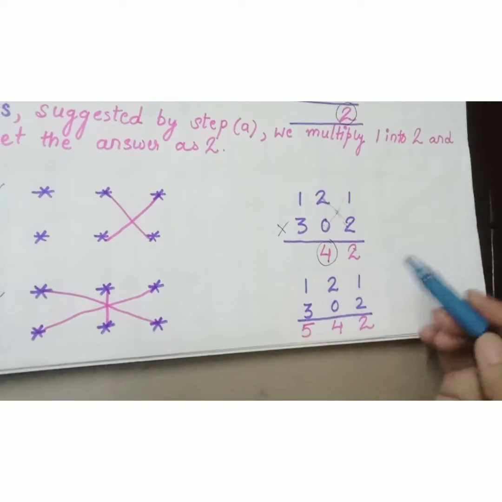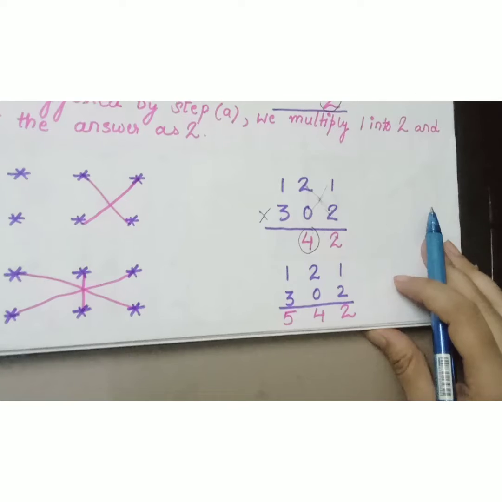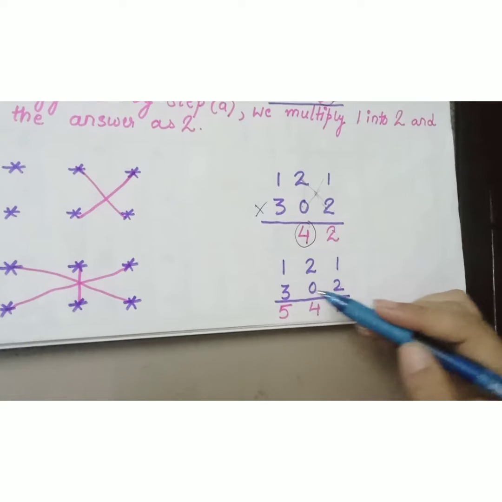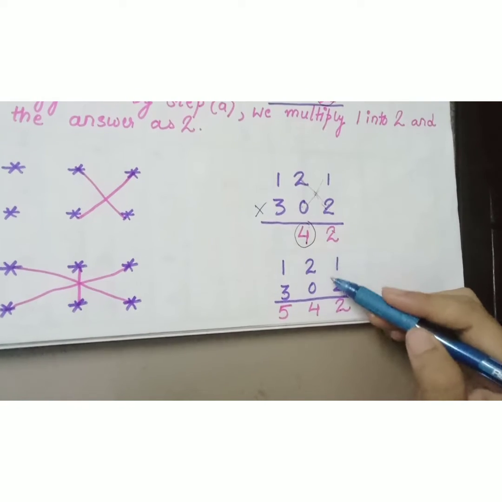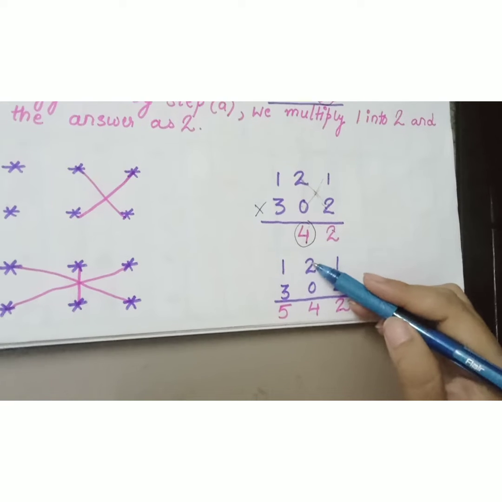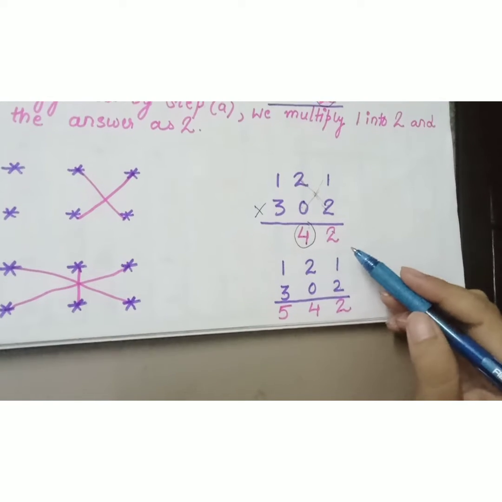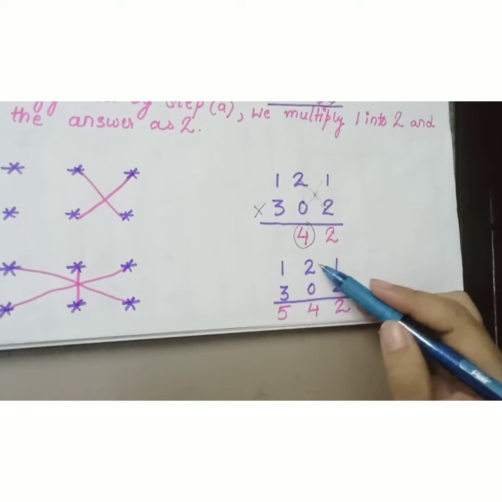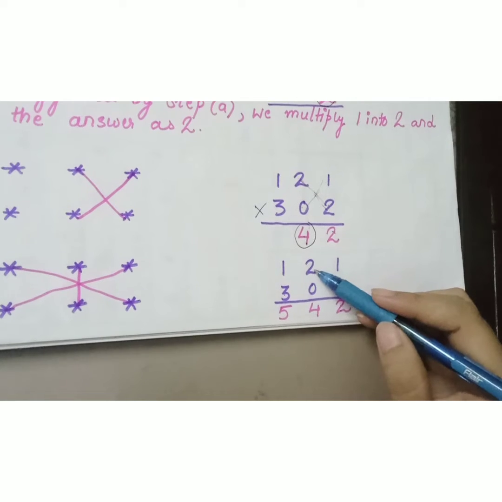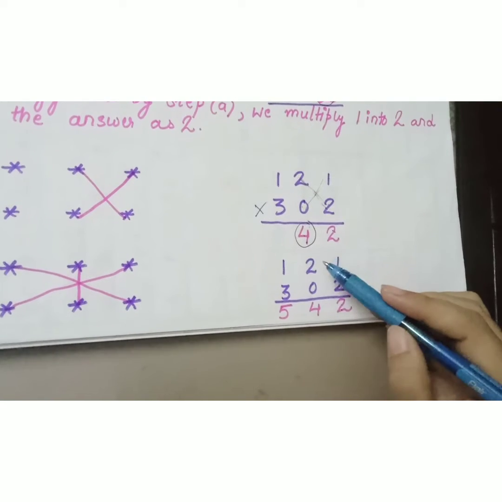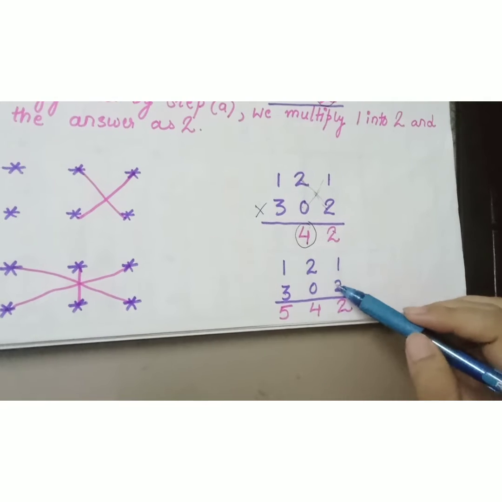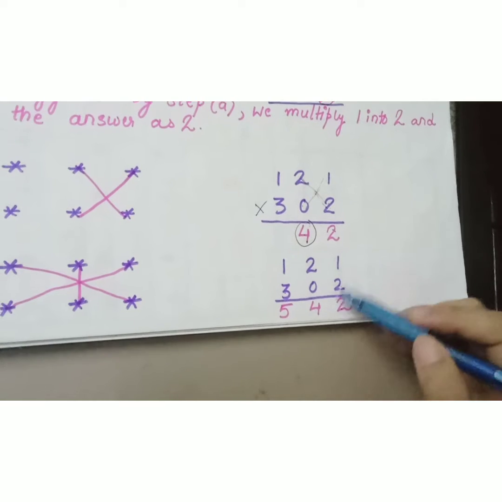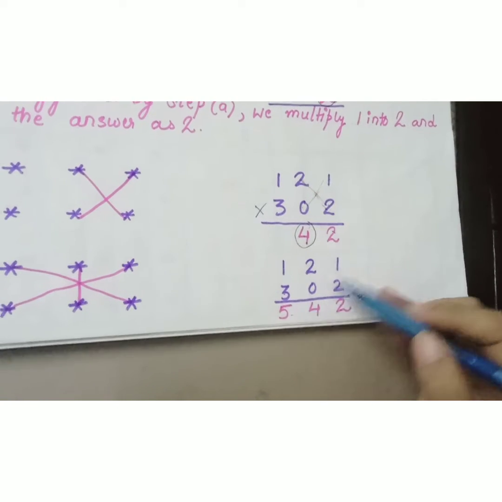The next step is cross and I. So here we go. This is the cross: 1 into 2, 2; 3 into 1, 2 into 1, 2. Then 2 into 0, 0. And 2 ones are 2, 3 ones are 3. 2 plus 3 comes out to be 5.